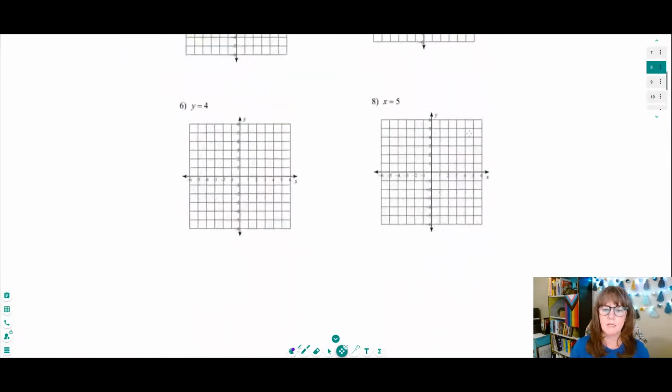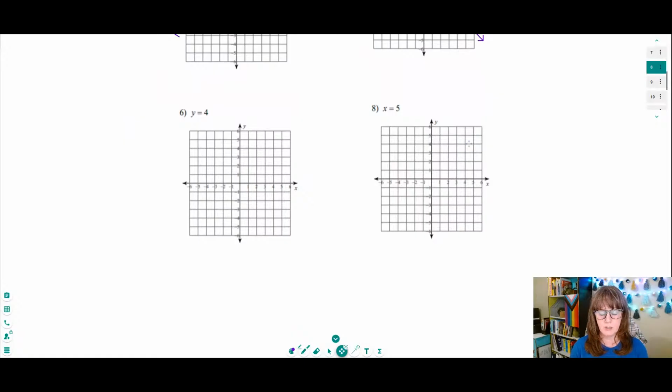Let's go on down to these 2. I wanted to make sure to include these 2 because these also will trip students up quite a bit. We've got y equals 4 for this first equation, and then x equals 5 here. So let's talk about y equals 4.